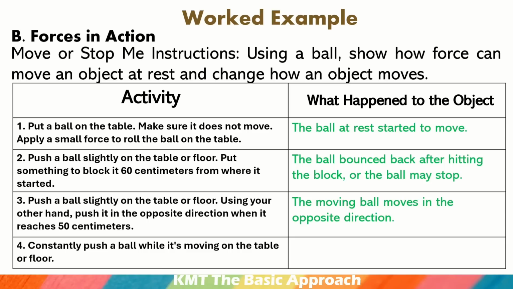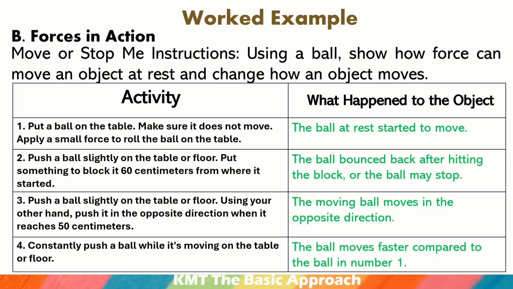Activity number 4. Constantly push a ball while it's moving on the table or floor. What happened to the object? Correct! The ball moves faster compared to the ball in number 1.